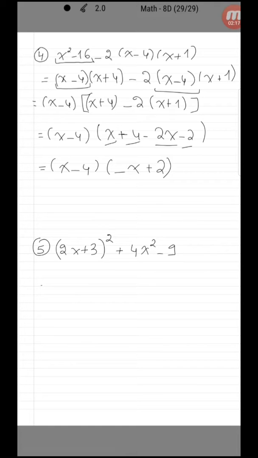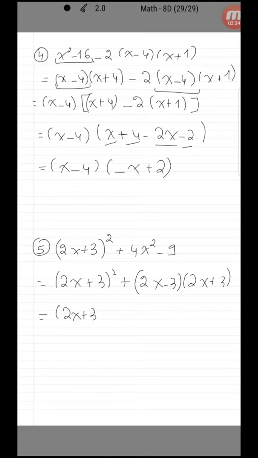Now for the fifth exercise, 2x plus 3 squared plus 4x squared minus 9 is 2x minus 3, 2x plus 3. Now 2x plus 3 is a common factor, so I take 2x plus 3 as a common factor, and I open brackets. 2x plus 3 squared divided by 2x plus 3 is 2x plus 3, plus 2x minus 3, I write it down, and 2x plus 3 divided by 2x plus 3, they cancel.